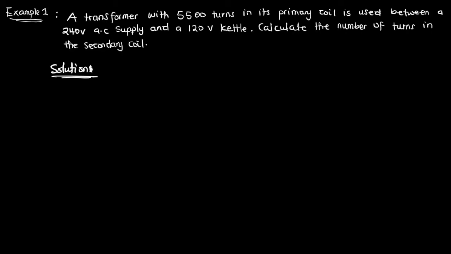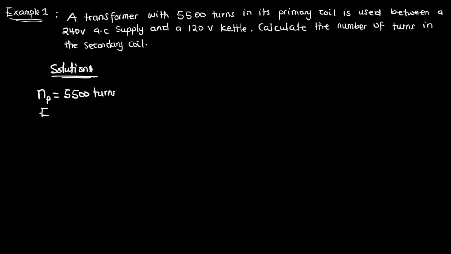So let's look at our solution, right? So they say that a transformer with 5,500 turns in its primary coil, so it means the number of turns NP in the primary coil is 5,500 turns. It says it's used between a 240 volt AC supply, so the supply, which is the input voltage, right?